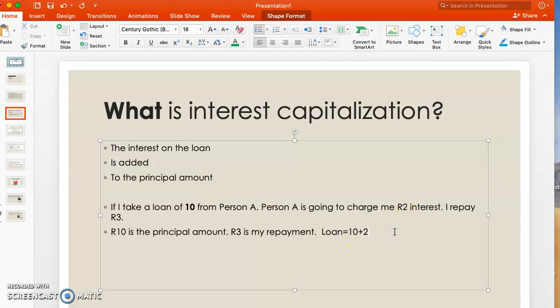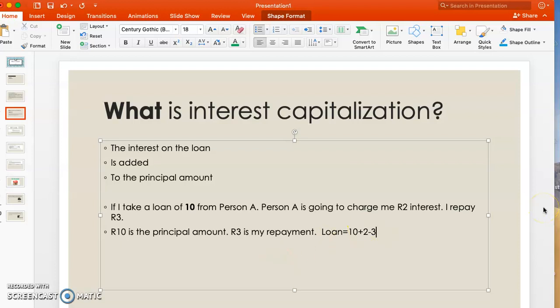Don't forget your loan needs to subtract the repayment, because that's not with you anymore. So that's the whole concept of interest capitalization. It's the same thing when you see it in the income statement, they just give you bigger numbers and more words to confuse you. But this is what is happening.